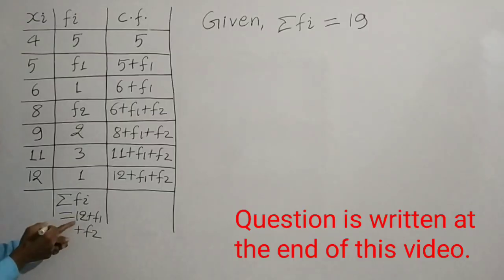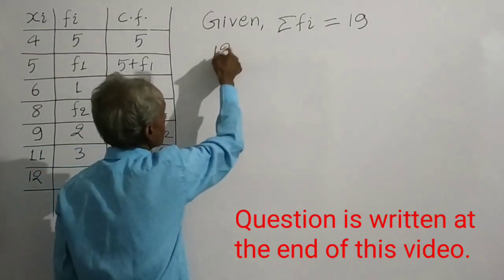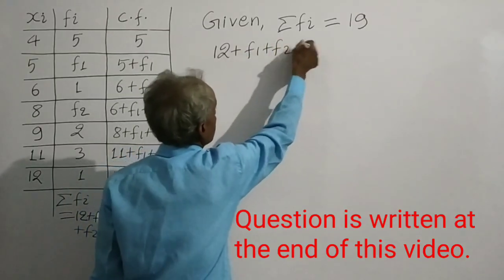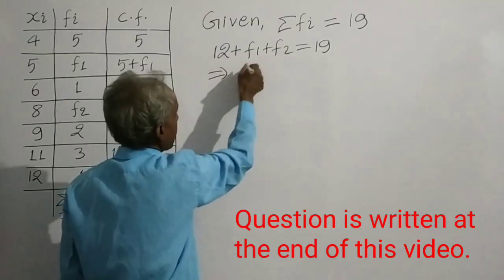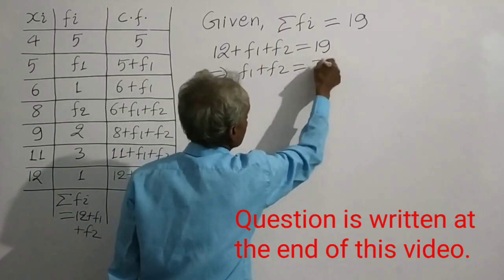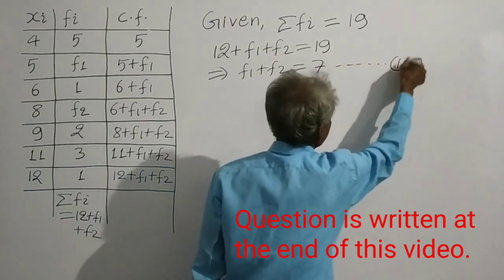That means 12 plus F1 plus F2 will be equal to 19. This implies F1 plus F2 will be equal to 7. We suppose this is equation number 1.